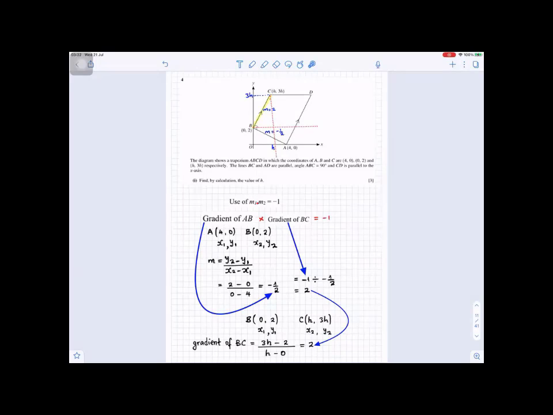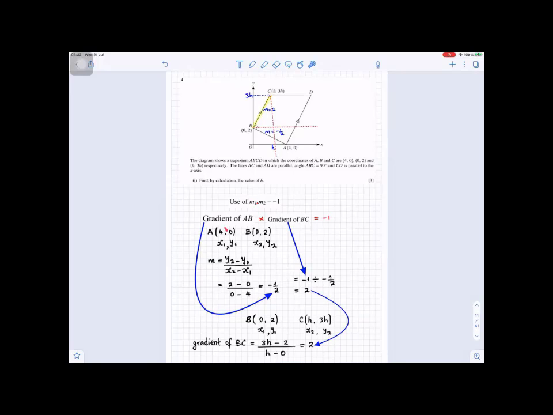So we use m1 times m2 is equal to minus 1 if they are at 90 degrees. So the gradient of AB times the gradient of BC should equal minus 1.